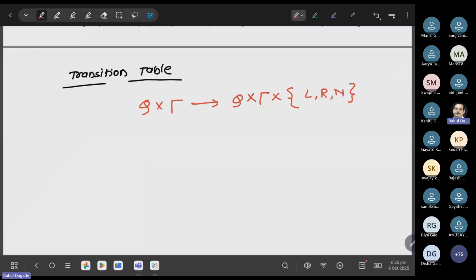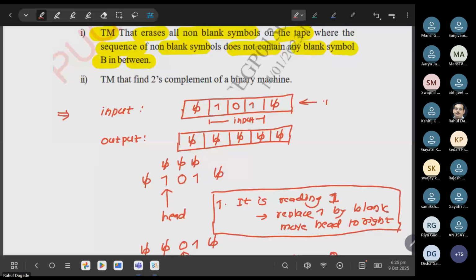So how is it represented with the table? It is represented like this: Q here and tau here. Which are our tape symbols? Sorry, not stack, tape symbols. See, this is the tape. Our input symbols are blank, 1, 0.